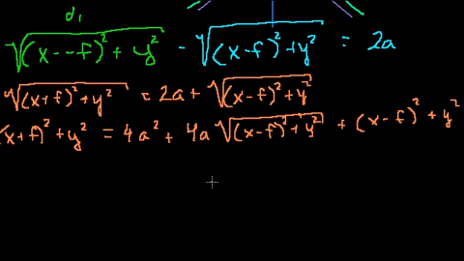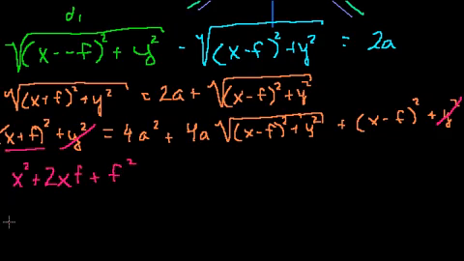And already it looks like there's some cancellation that we can do. There's a y squared on both sides of this equation. So let's just cancel those out. Subtract y squared from both sides of the equation. And let's multiply this term out. So this right here is x squared plus 2xf plus f squared.